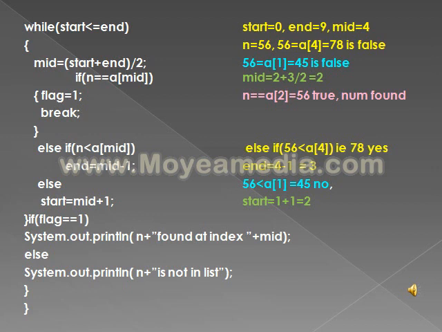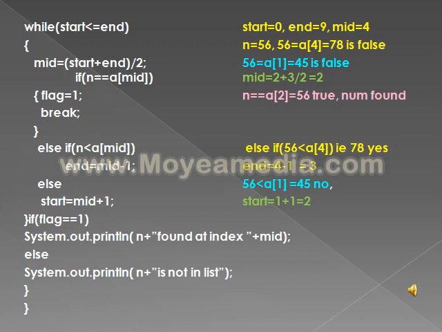Getting back to the while condition, 2 is less than or equal to 3. Yes, the condition is true. So now 2 plus 3 divided by 2 is 2. Now the new value of mid is 2. So now n is equal to a of mid, and a of mid is a of 2. A of 2 is 56. Now 56 is equal to 56. The condition is true.